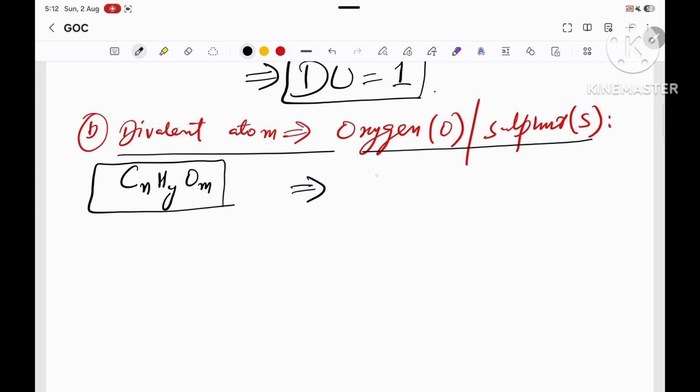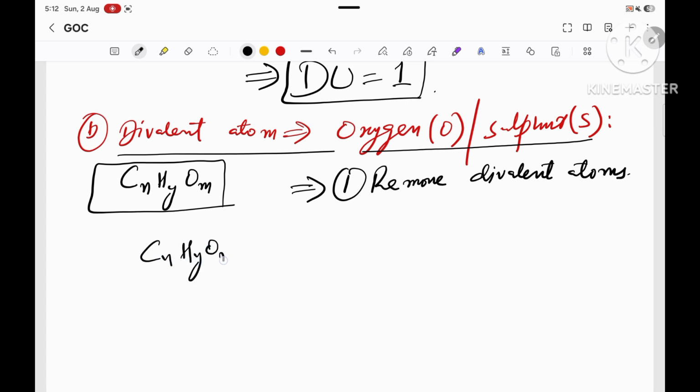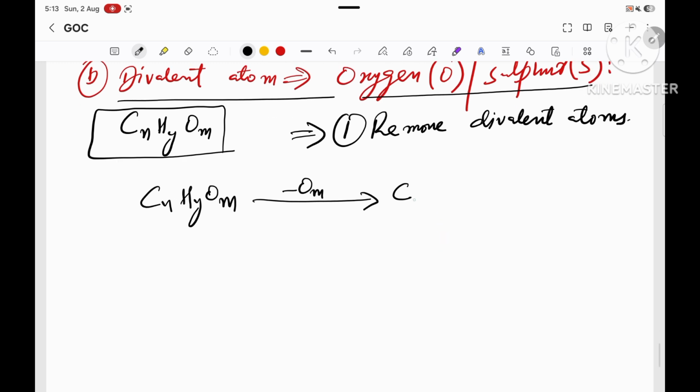We have to directly remove the divalent atoms. If we write CnHYOM here, we have to subtract OM, which will make it CnHY atoms.